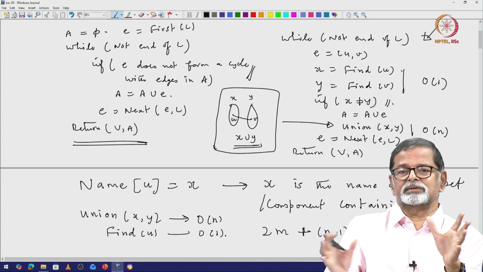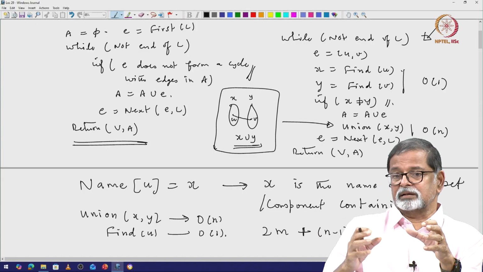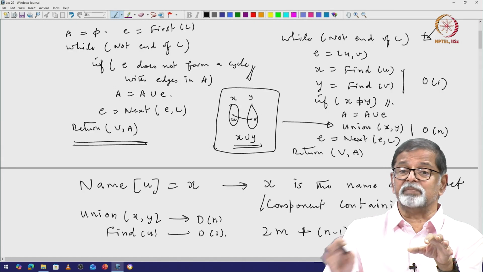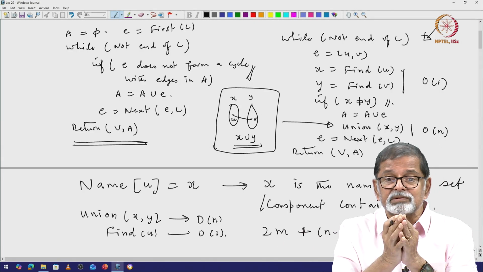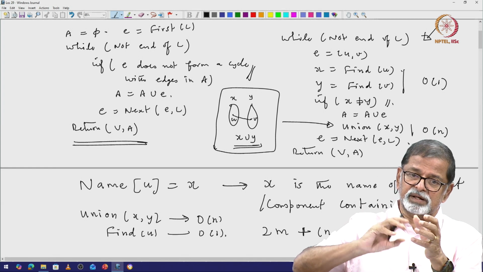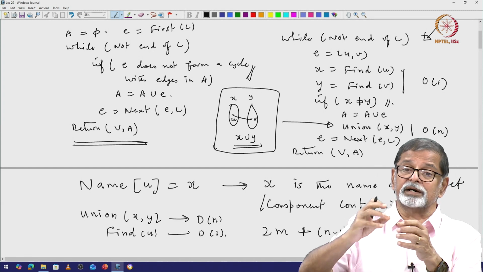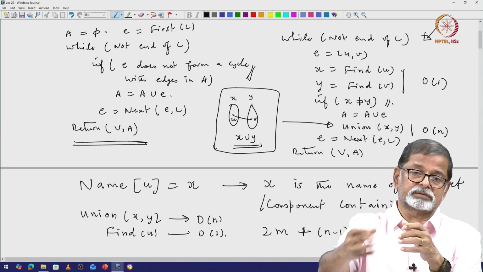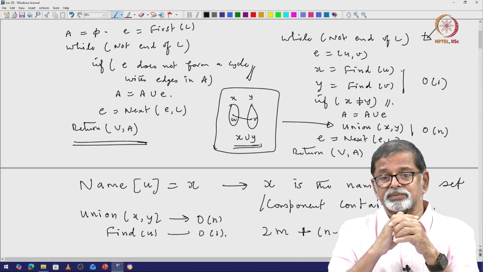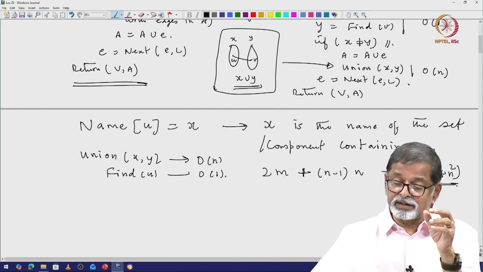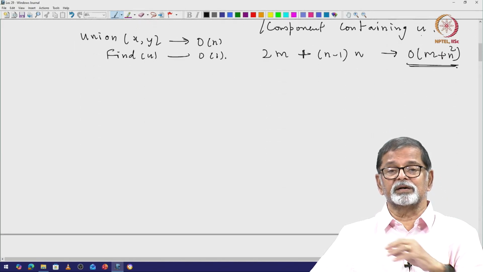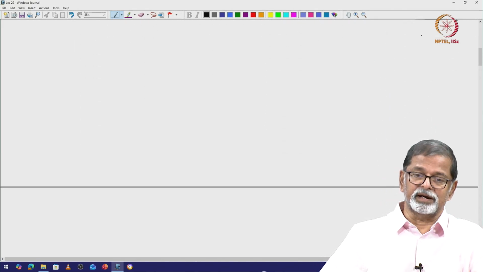That's because of the modular design. They are independent, and we have the separation of the modules. So each module can be independently worked on and improved, and can be used. We will now take a look at another implementation of the partition ADT.